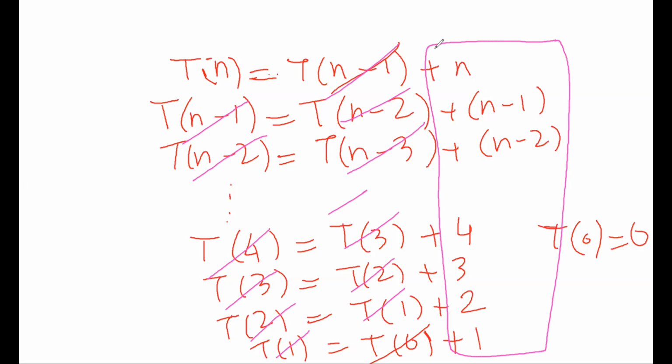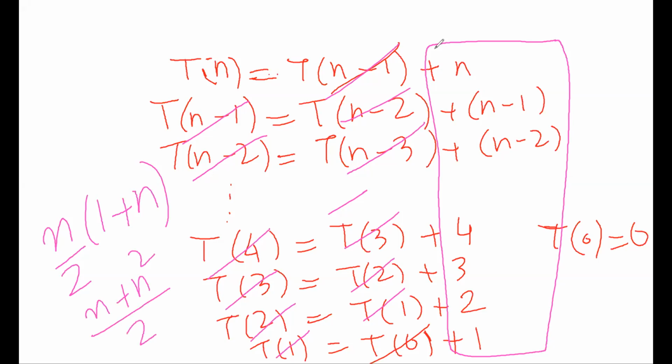This is the sum of all the numbers from 1 to n. So what is the sum of this series? n by 2 into 1 plus n, which is n plus n square by 2. So again, you're getting this in a polynomial form. Highest degree is n square, so it is O of n square.